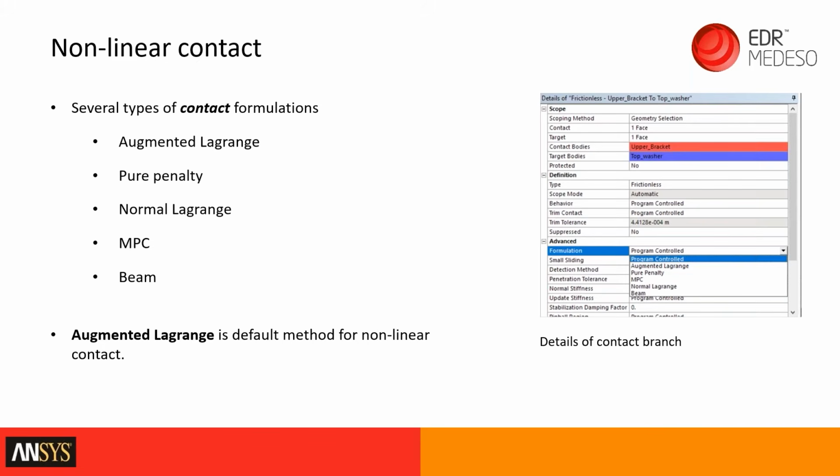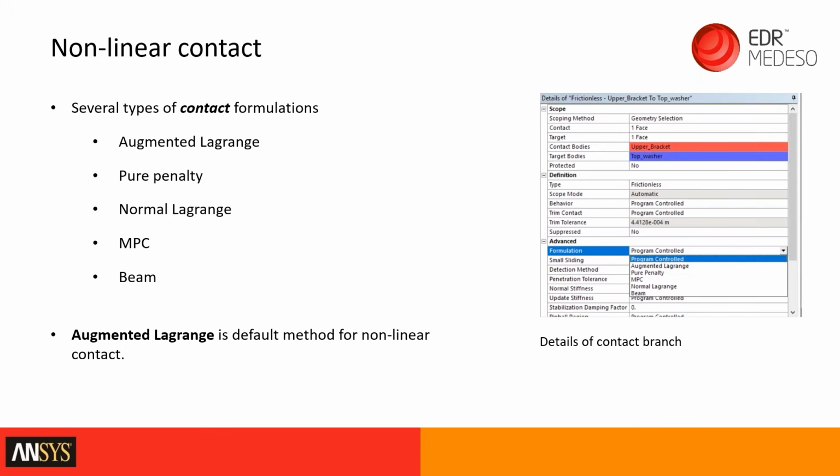They should converge reasonably well. Normal Lagrange is a method that doesn't allow penetration between parts, so it's good for when you want highly accurate results on surfaces of mating parts, but it does suffer from convergence problems. You're going to have a lot more equilibrium iterations or struggle to get convergence using normal Lagrange.